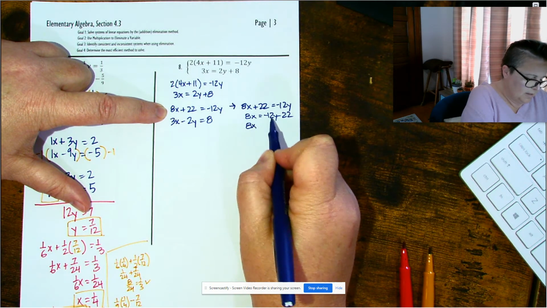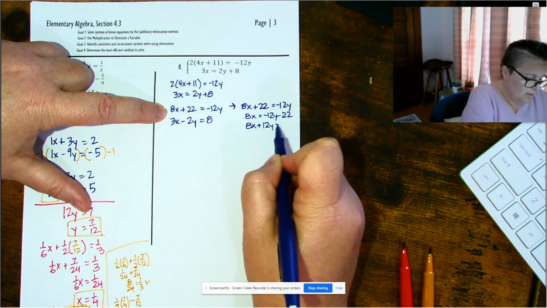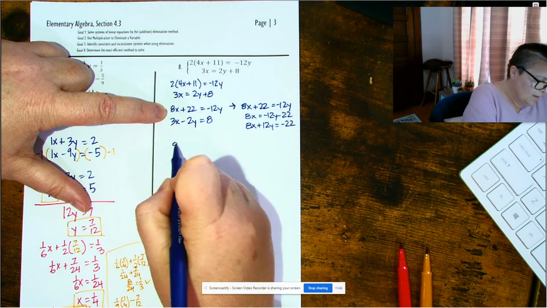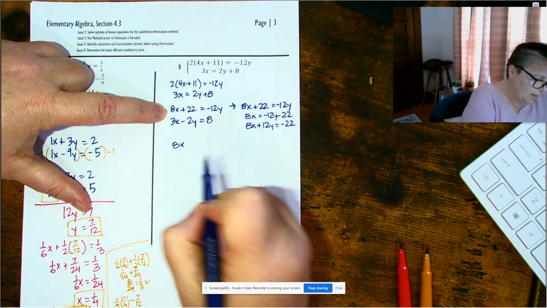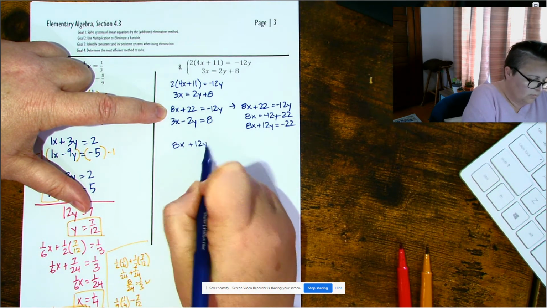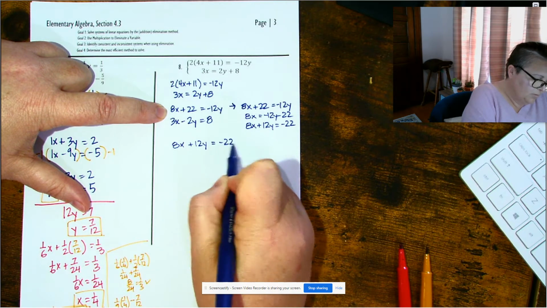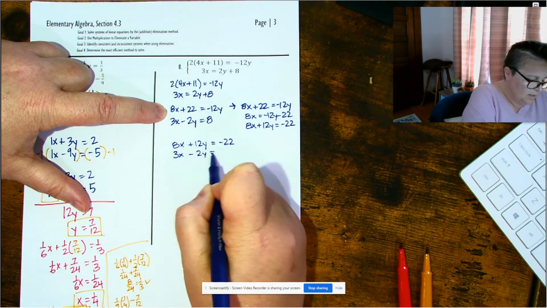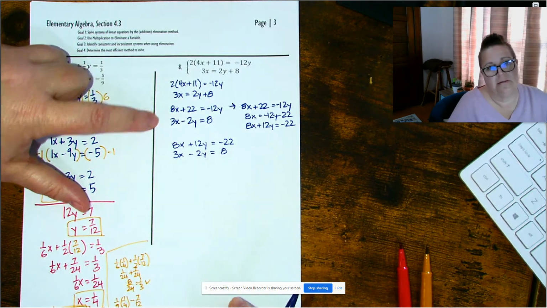So that would be 8x plus 12y is equal to a negative 22. Okay, so now things should line up. 8x plus 12y is equal to a negative 22. And I have a 3x minus 2y is equal to an 8.